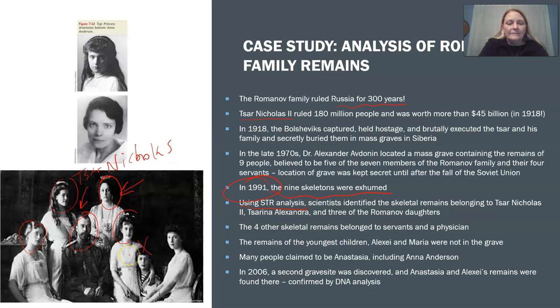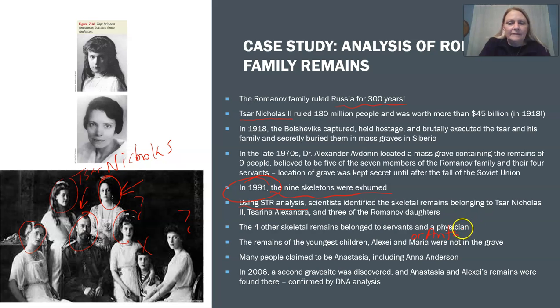The son was not there, and either this one or this one was not there. So his son's name was Alexei, and then it was either Maria or Anastasia.